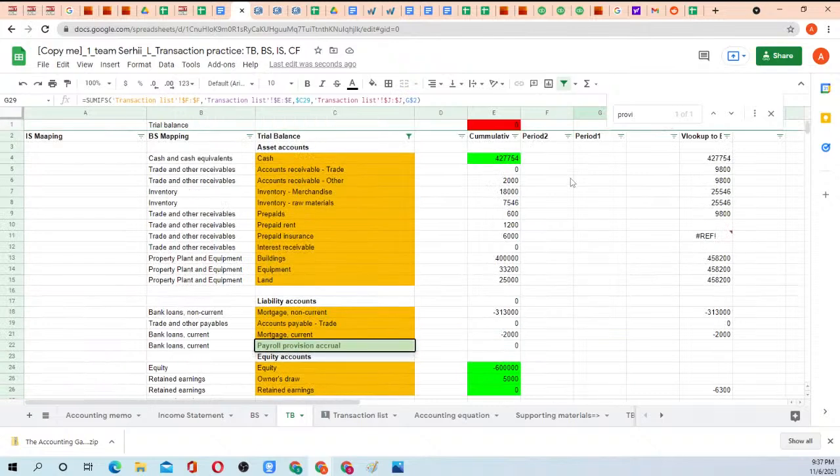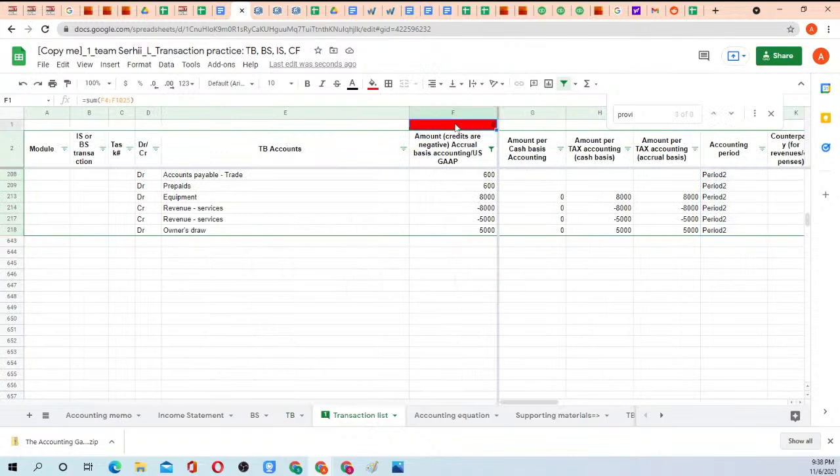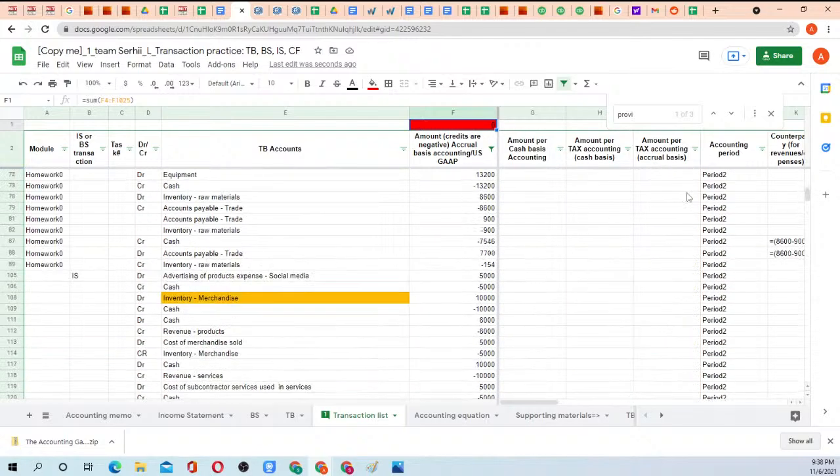So how do you build your periods in your Excel file? First, you make sure that you have zeros here and here in the trial balance and in the transaction list. You need to make sure that your mapping works.